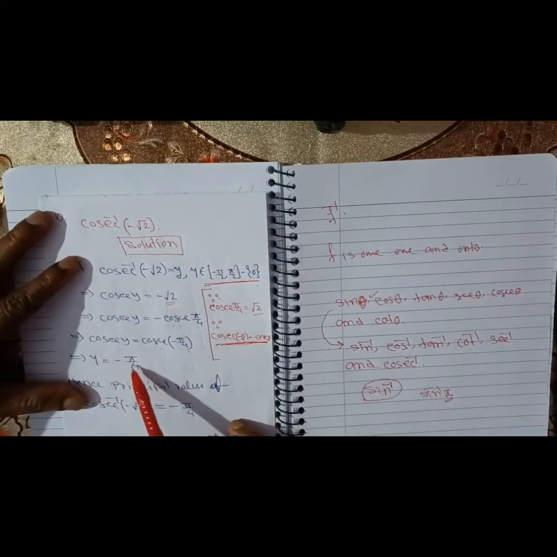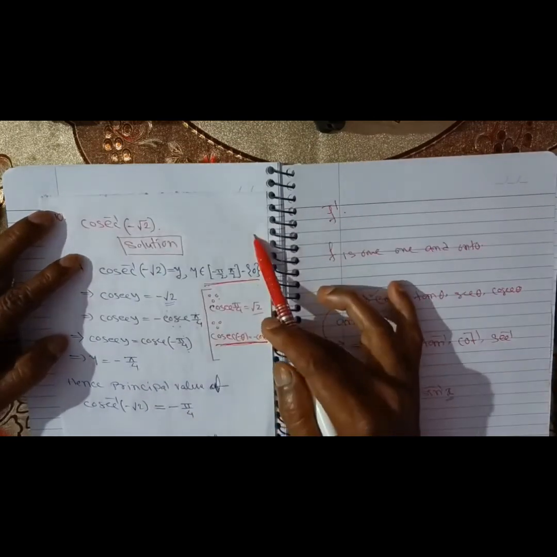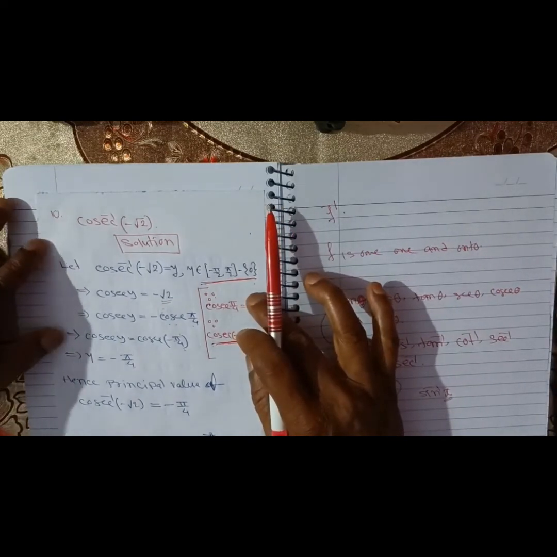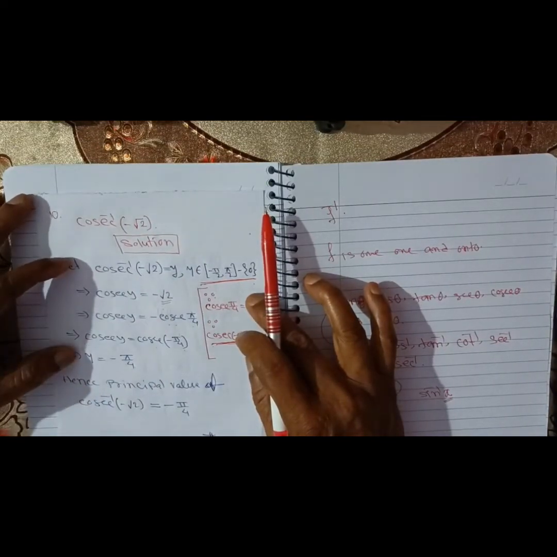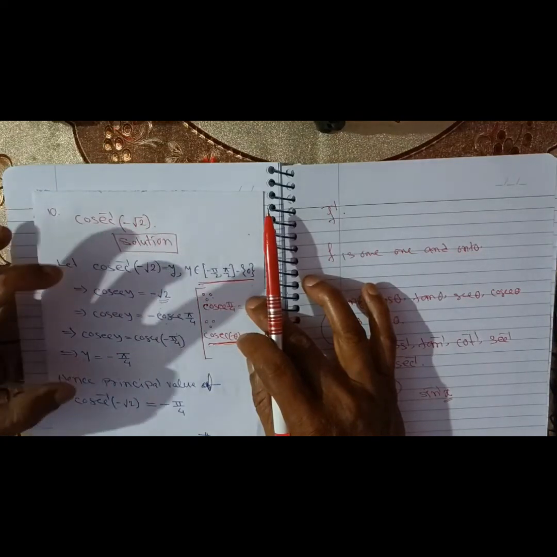Thus, we get y is equal to minus pi by 4. Hence, principal value of cosec inverse minus root 2 is equal to minus pi by 4. Is there any difficulty? I think it is very easy for the students.